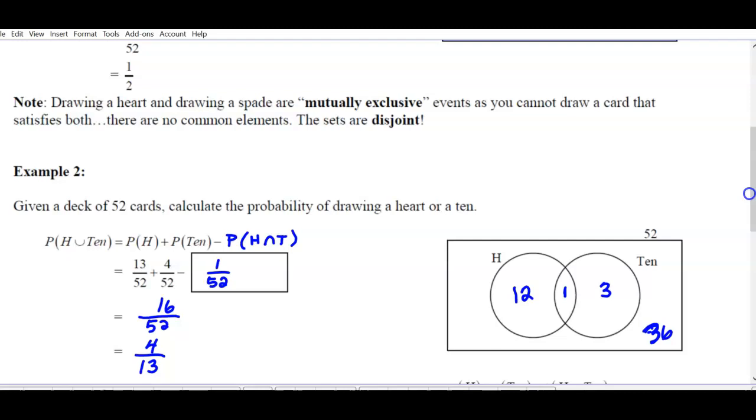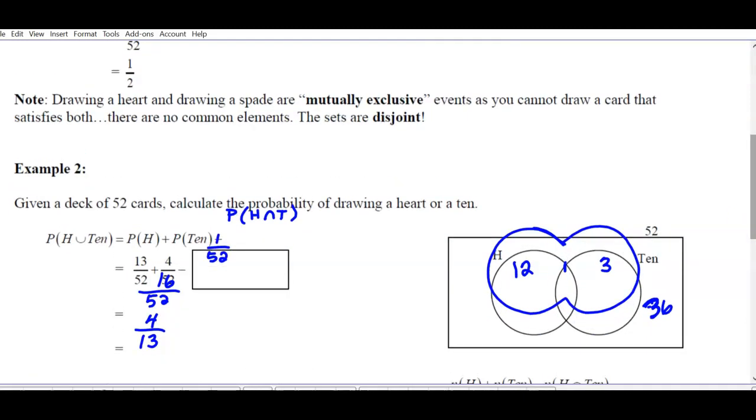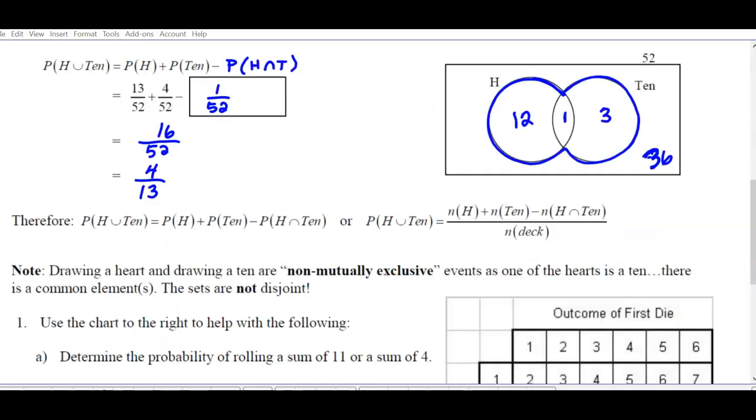So when we're finding or, remember, I call it the hub. It's everything that's in both circles in total. So 12 plus 1 plus 3 is 16. Okay, again, you don't have to draw a Venn diagram, but we're doing that so you can see the relationship. Okay, so there is that probability.